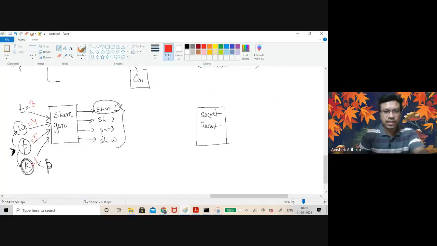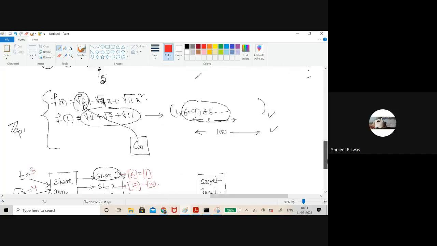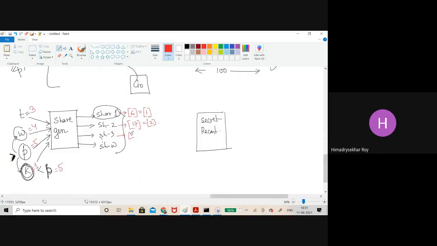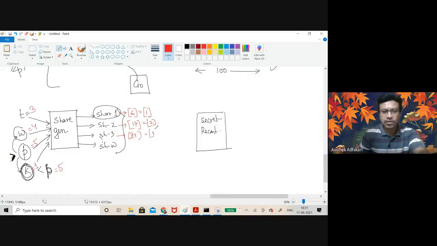For the first share, initially the value was 6, but since we are dealing with modulo 5, it gives me back 1, which is strictly less than p equal to 5. For share 2, it was 17, so it gives me 2. For the third one, it was 34, so it gives me 4. And the fourth one was 57, so it gave me 2.